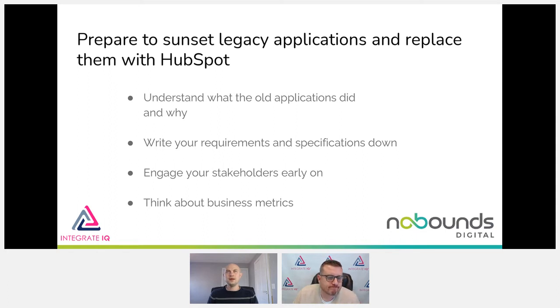Mm-hmm. Yeah. And what's a really interesting value proposition for HubSpot here too is, as you say, you have these ghost apps, you have these things that maybe have marginal value to your enterprise. But when you add them all up and you take a look at your actual cost outlay for those tools, it can be significant, at least relative to the cost of HubSpot Enterprise.